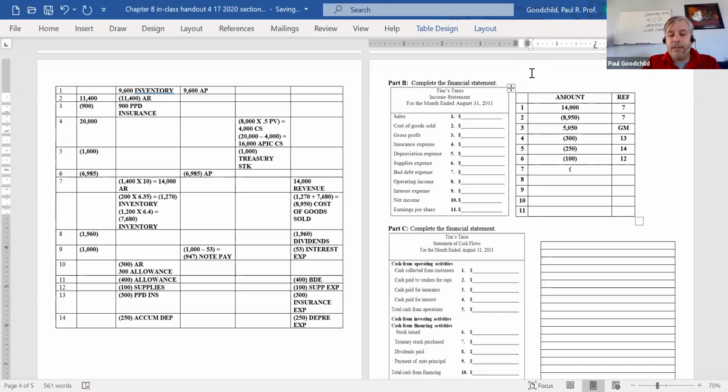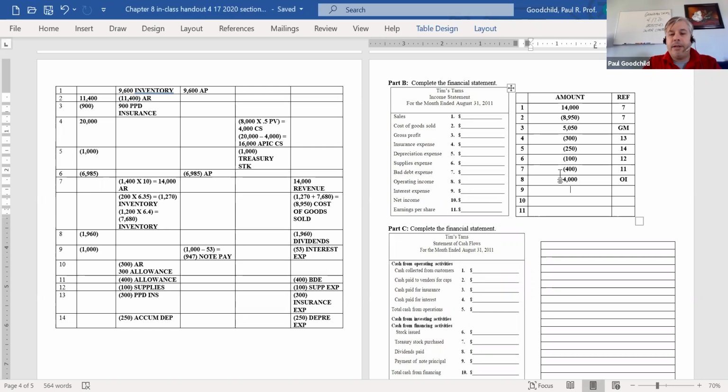Our bad debts expense, 400, and that came out of number 11. And so our operating income, the 5,050 minus the 1,050, and so that's 4,000 operating income.